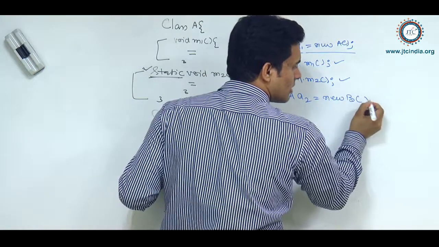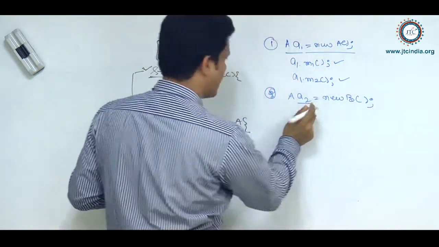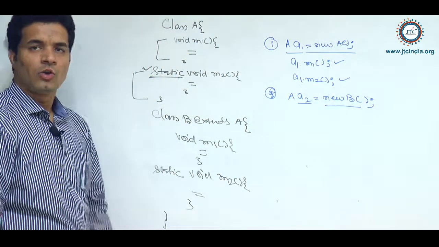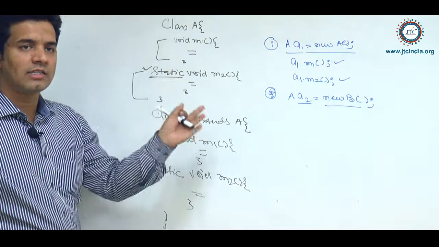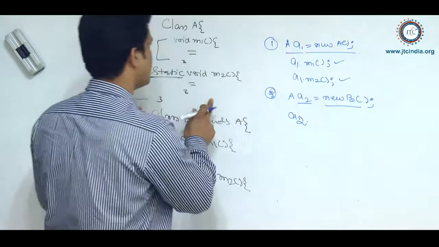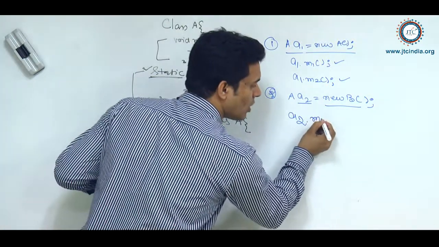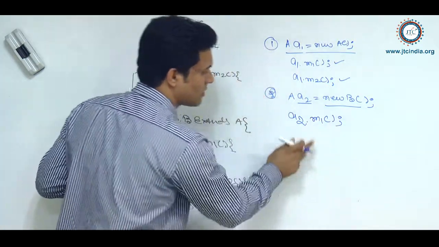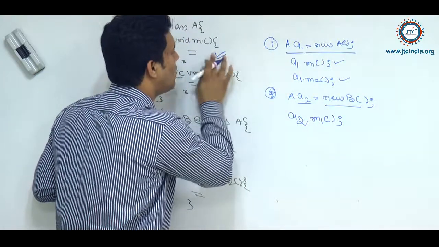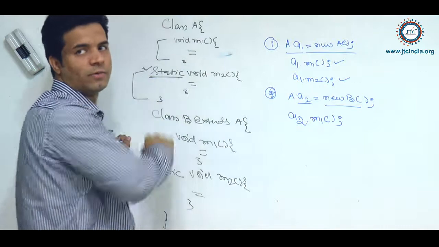In the second option, A A2 = new B(), the superclass reference variable contains a subclass object reference. I am calling A2.M1. It first checks whether the M1 method signature is there inside superclass A or not.